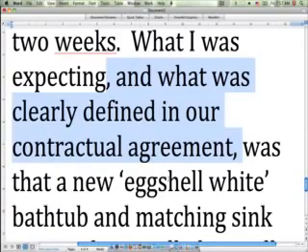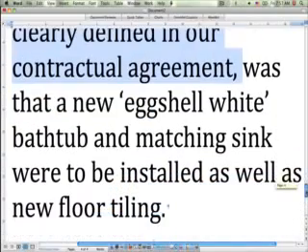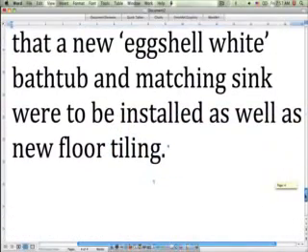So we're just saying that we were expecting something that this construction company was under contract to finish, was that a new eggshell white bathtub and matching sink were to be installed, as well as new floor tiling.